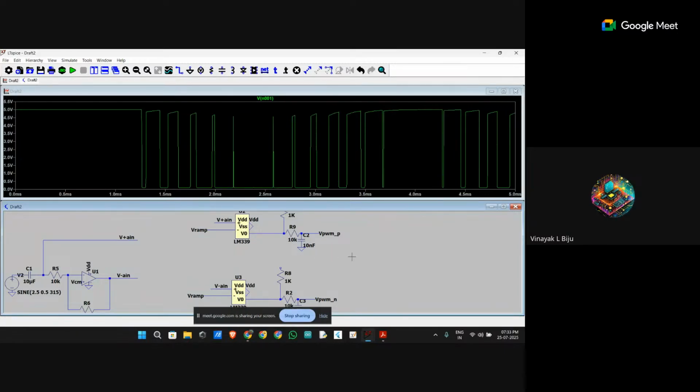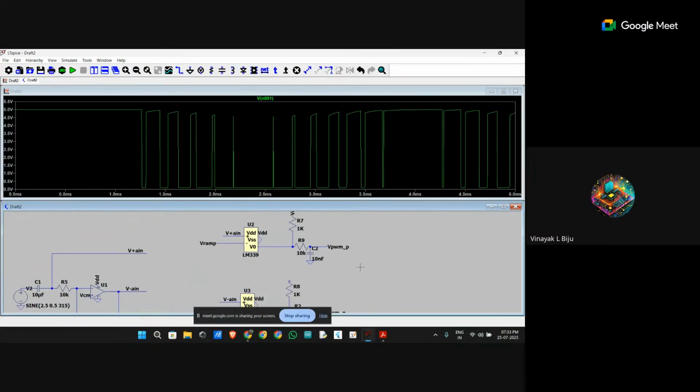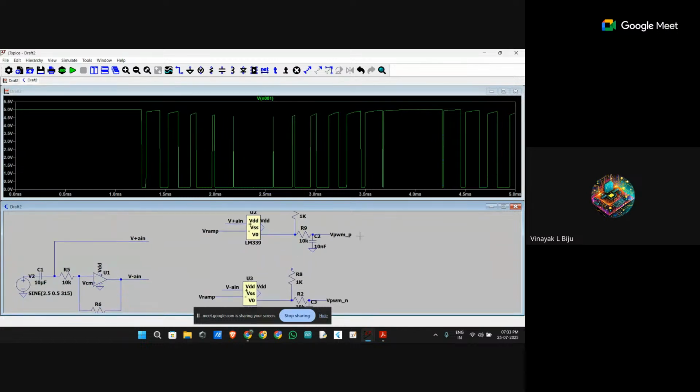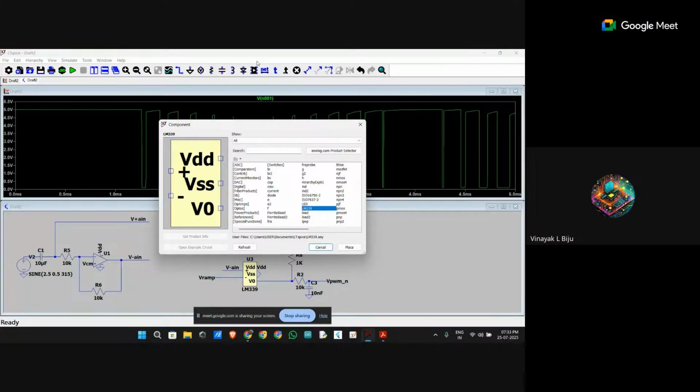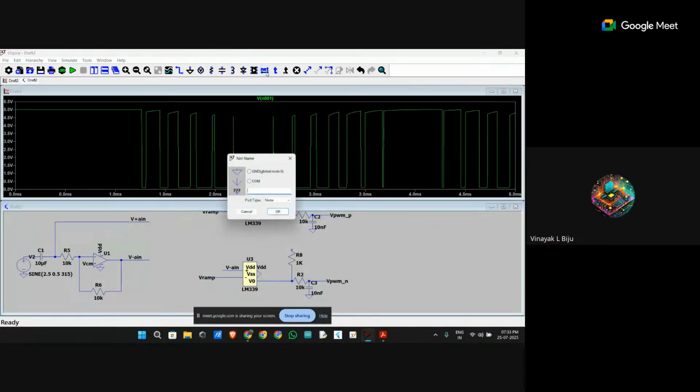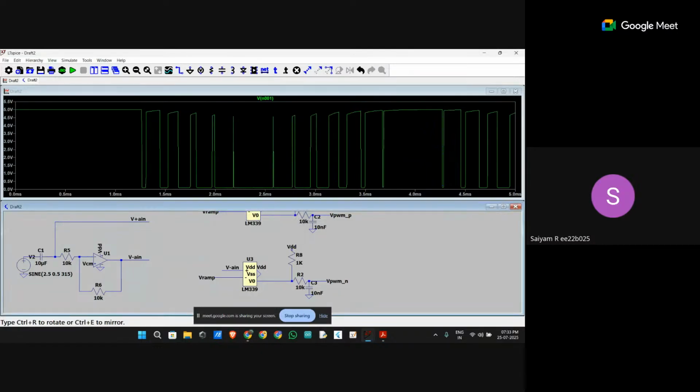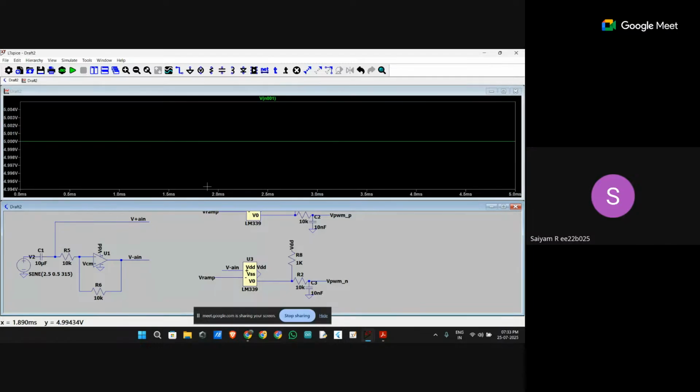For PWMP, it is fine with the pull-up resistor, but for N, it is not working. Here you are taking the output after the low pass filter, no? Yeah, but before it also is not working. Okay, before the low pass, showing.